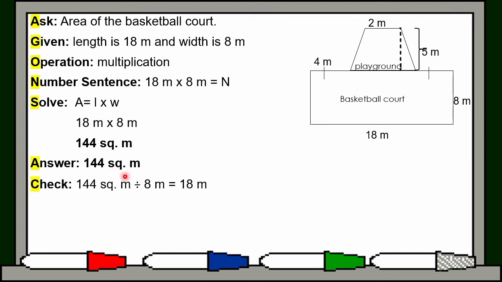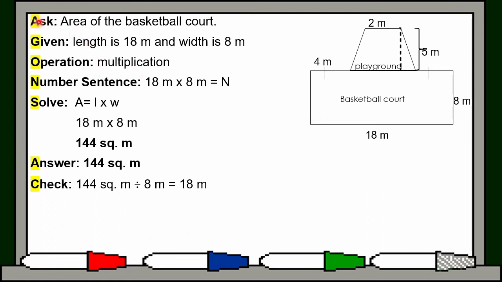So our letter A answer is the area of this basketball court is 144 square meters. And letter C, check. 144 square meters divided by 8 meters is equals to 18 meters, which is the measurement of the length of our basketball court. So, therefore, our answer is correct.